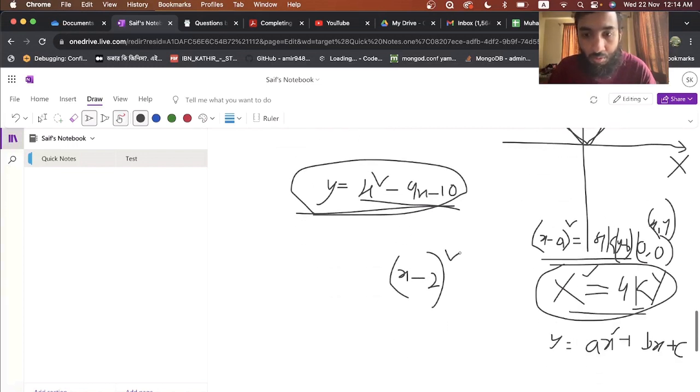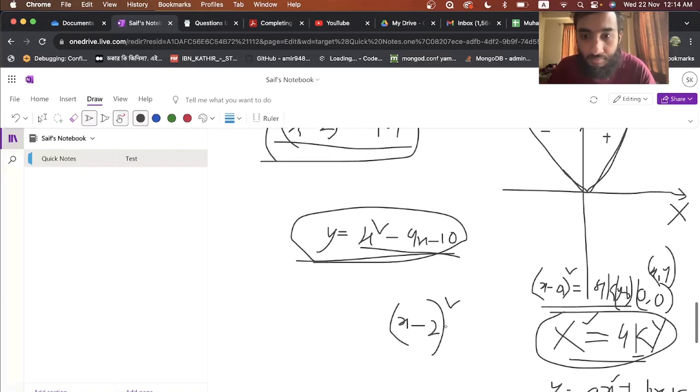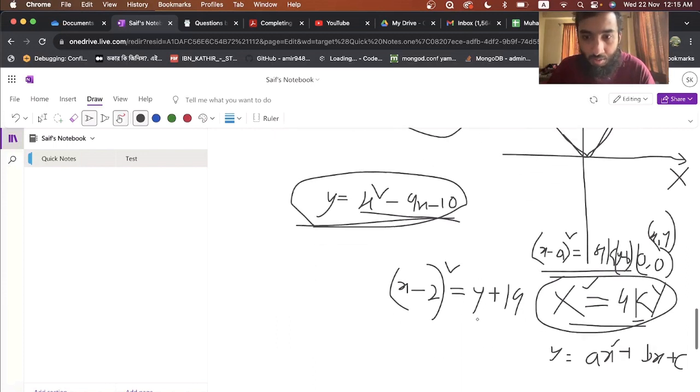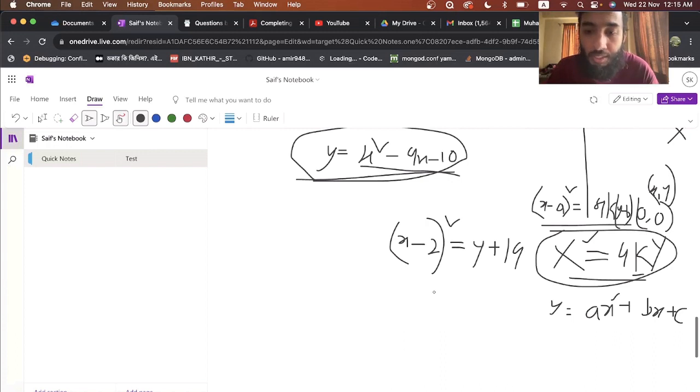So x minus 2 whole square equals y plus 14, because x minus 2 whole square plus minus 14 equals y, as this expression is the same as this expression. If I take the 14 here, of course it's going to be plus, so x minus 2 whole square equals y plus 14.